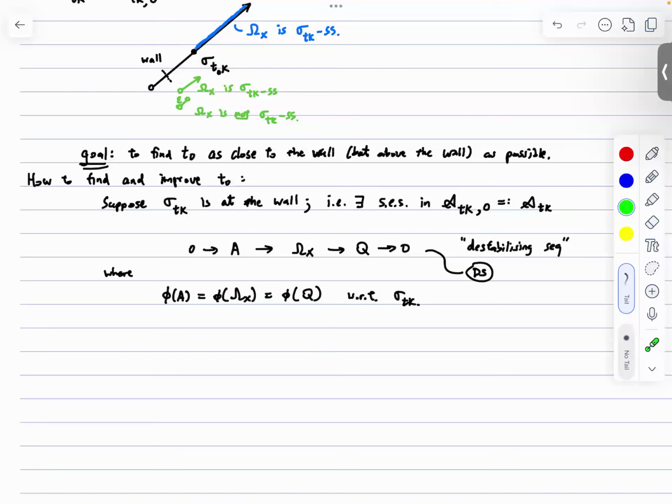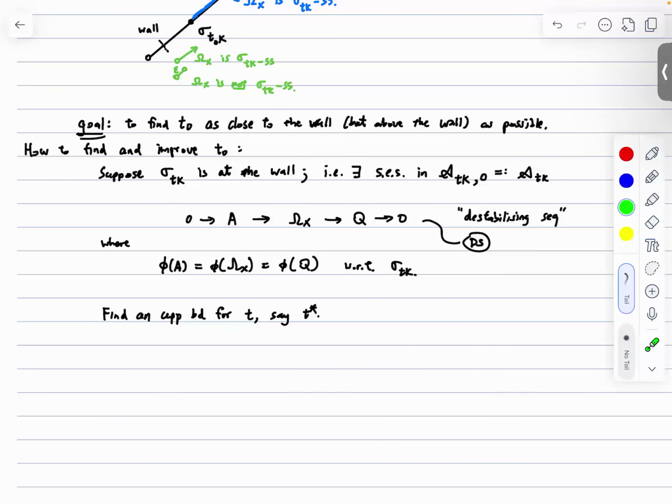And so to calculate and improve such a T_0, we often start by looking at a destabilizing sequence. And then we will try to find an upper bound for this parameter T. Let's say T upper star.